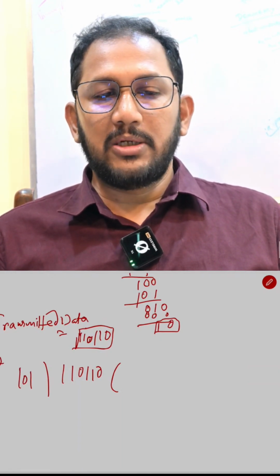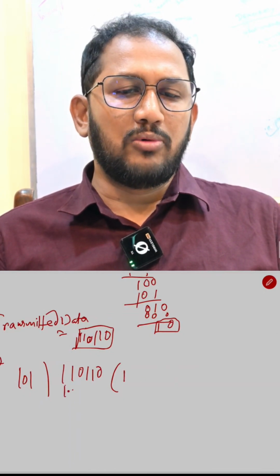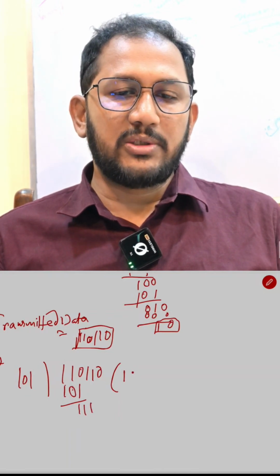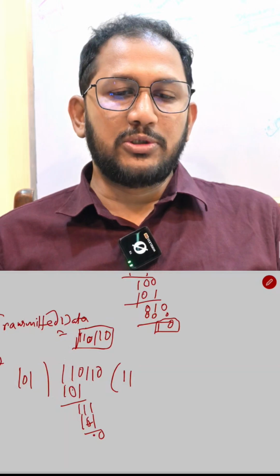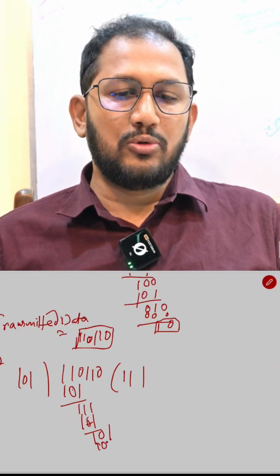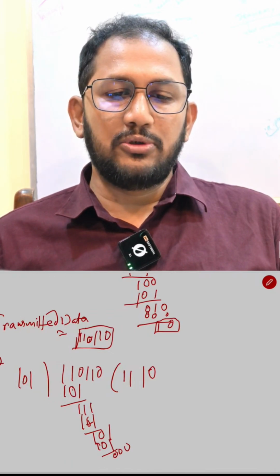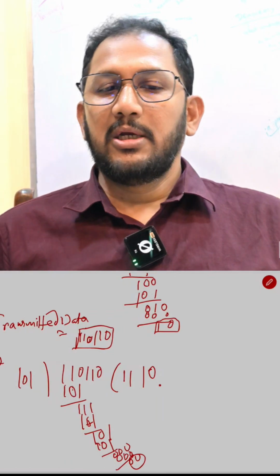Then here 110, we multiply by 101, so different input gives 111. Next one is again 101. Same input gives 0, different gives 1. Then again 101, 000, and multiply by 000. Here the remainder is 0 and 0. This is accepted. There is no error.